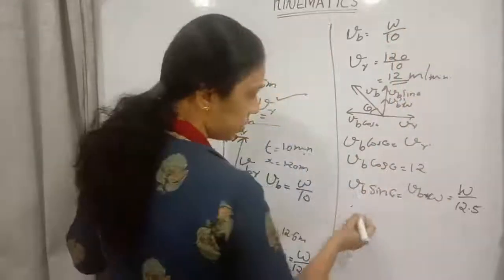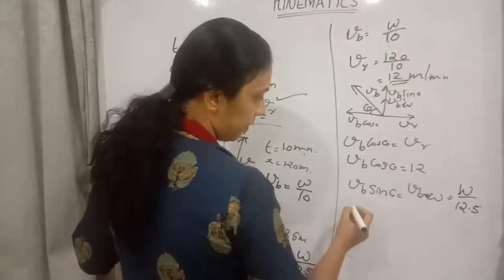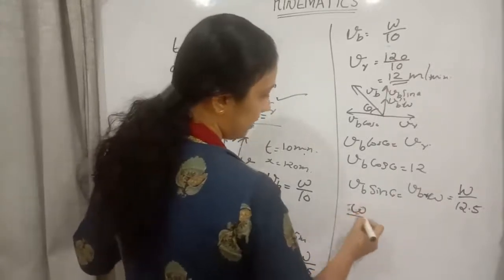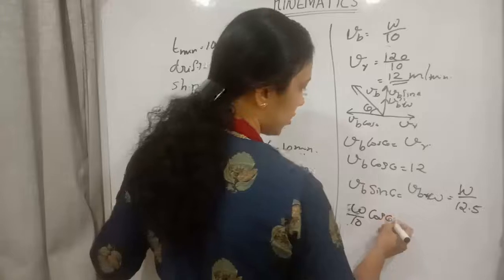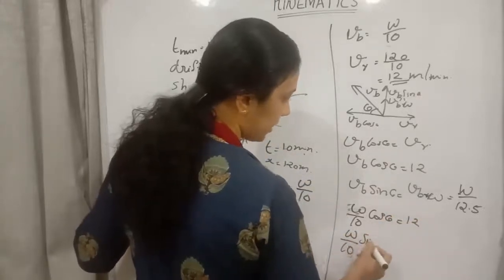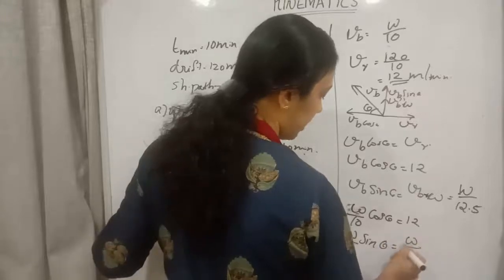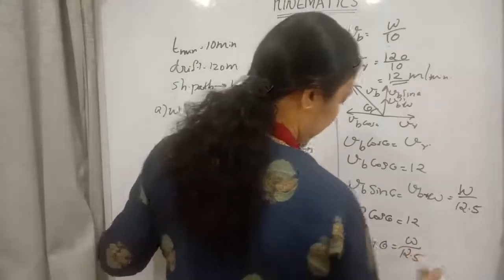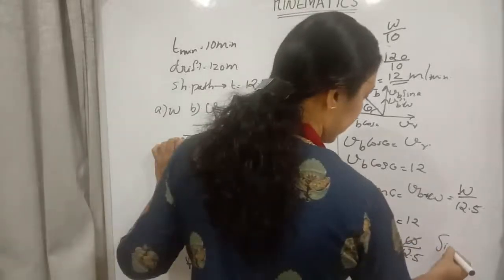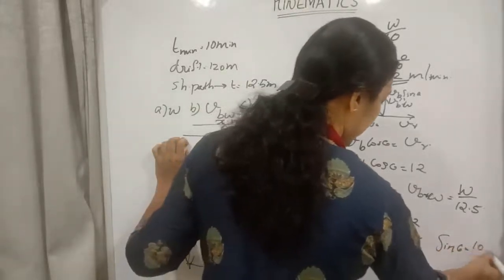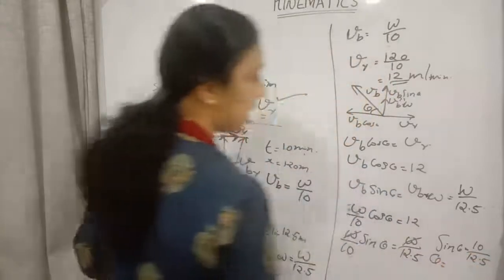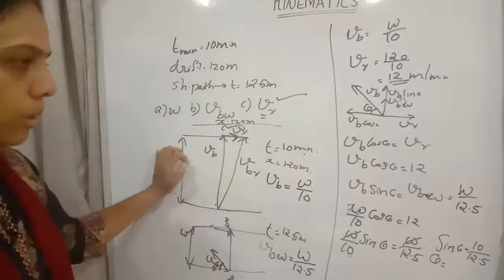Substituting that value, W by 10 cos theta equals 12, and W by 10 sin theta equals W divided by 12.5. Here W and W get cancelled. Sin theta will be equal to 10 divided by 12.5. Therefore, theta is sin inverse of 10 divided by 12.5.